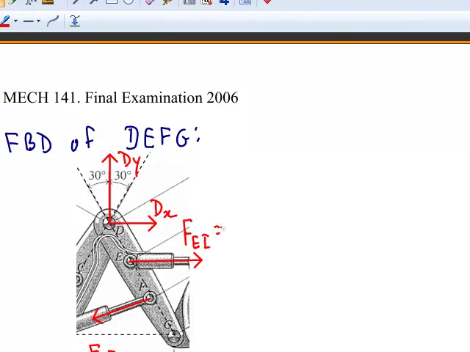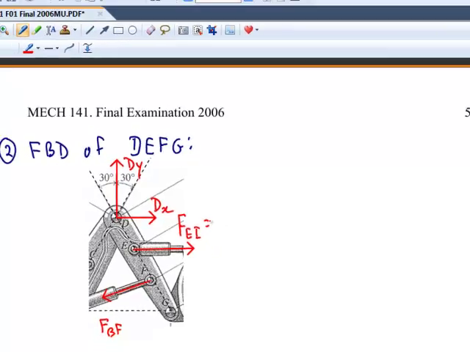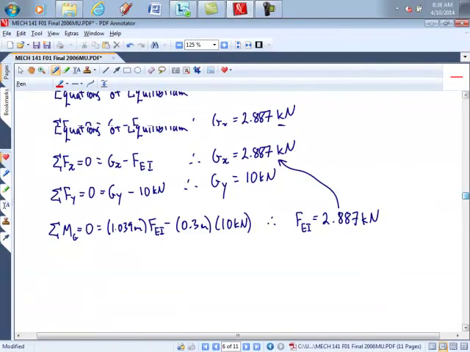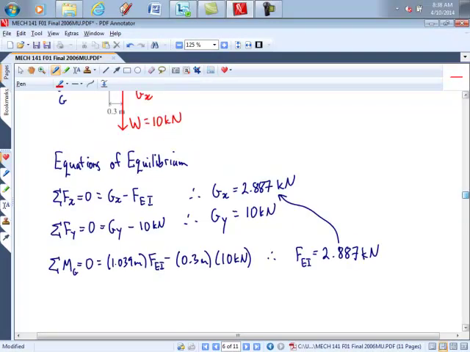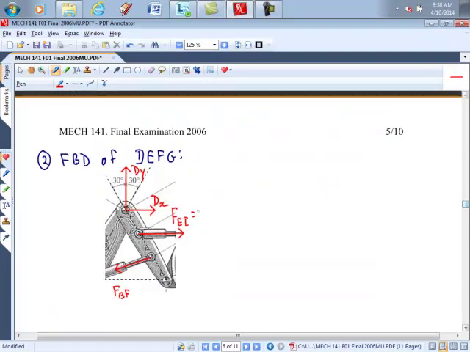And it was 2.89 kilonewtons. I can scroll back and check. 2.887 kilonewtons. What else?